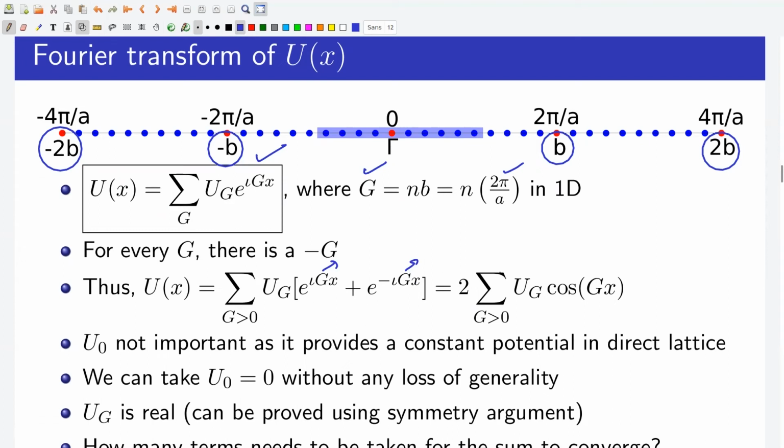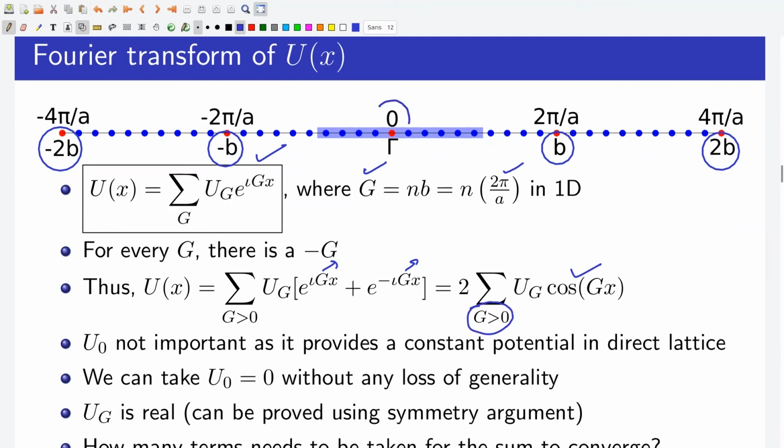And then we can write it in the form of 2 times sum over G greater than 0 of u G cos of Gx, because e power i theta plus e power minus i theta is equal to 2 cos theta. Note that we have used G greater than 0.